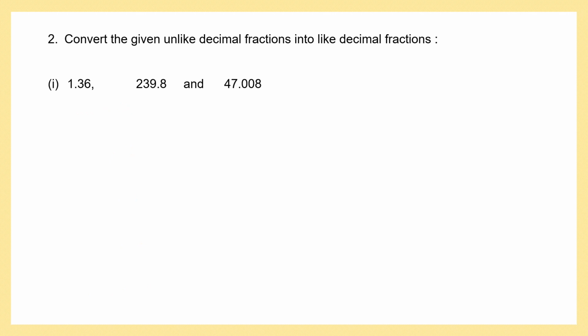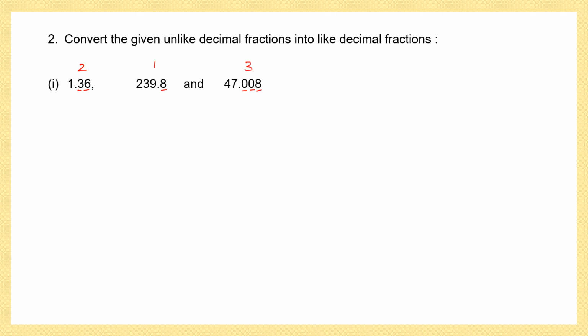Question 2. Convert the given unlike decimal fractions into like decimal fractions. Why are these called unlike decimal fractions? They're called so because if you look carefully, the first number has 2 decimal places, the second number has only 1 decimal place and the third one has 3 decimal places.